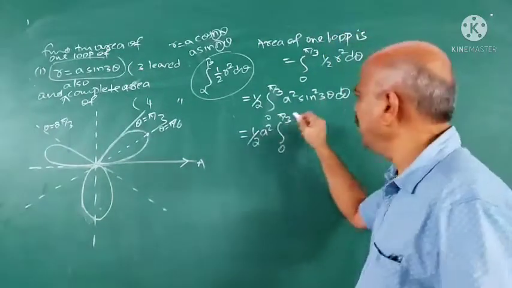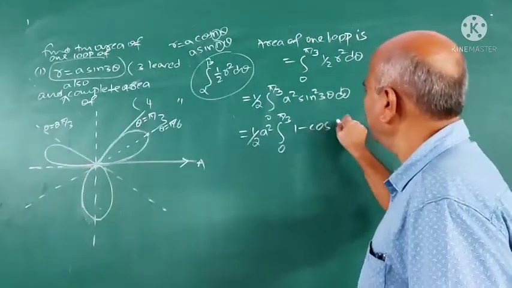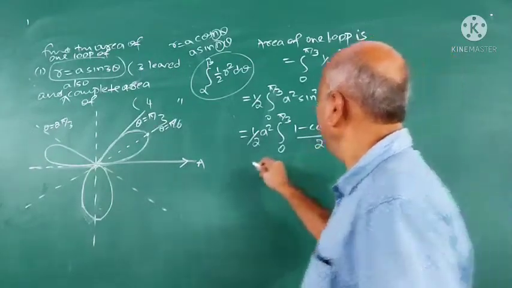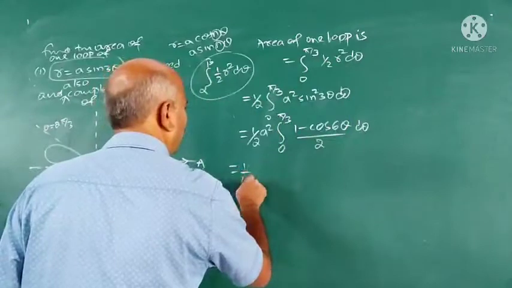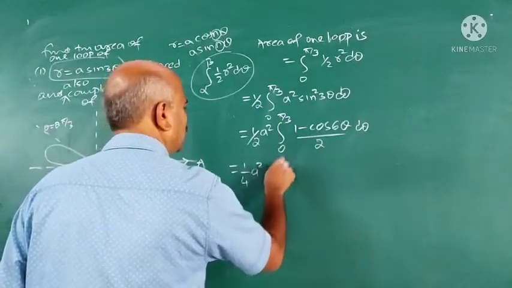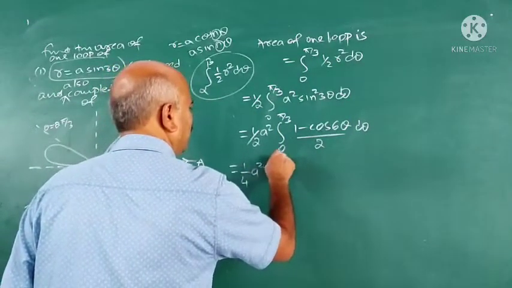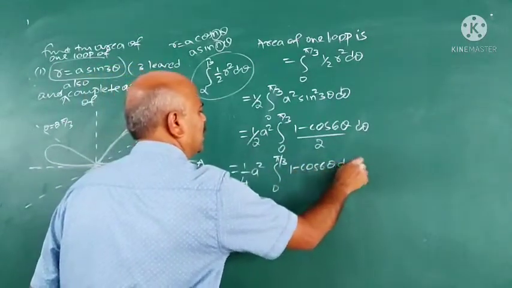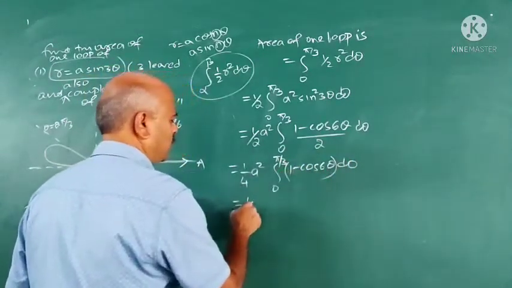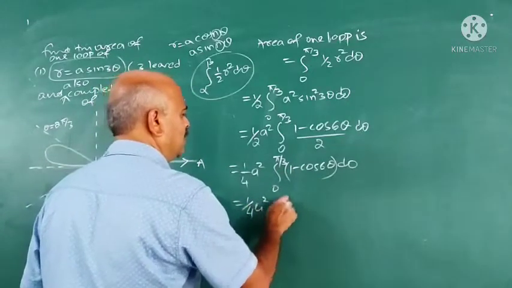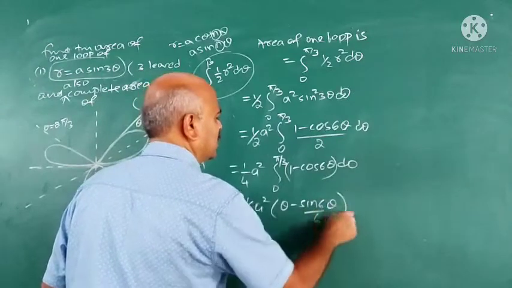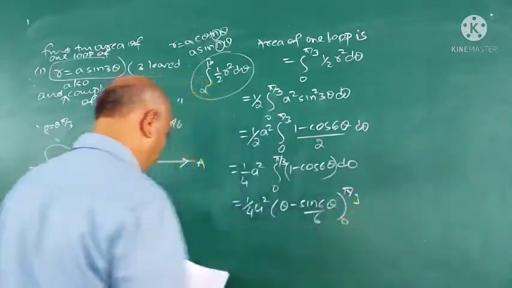Sin² 3θ is (1 minus cos 6θ) upon 2 with respect to θ. Therefore, 1/4 a² integral 0 to π/3 of (1 minus cos 6θ) dθ. So it is 1/4 a² [θ minus sin 6θ/6] from 0 to π/3.